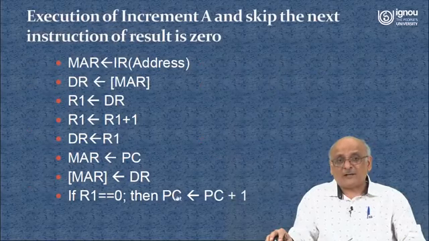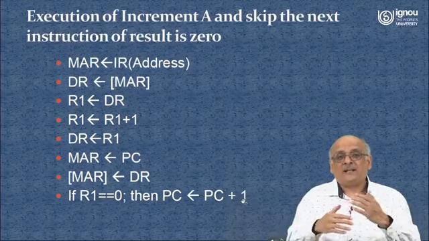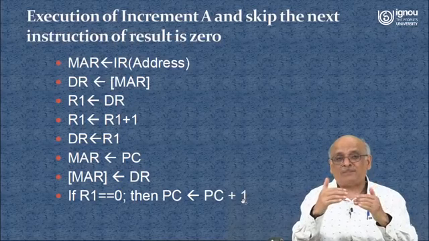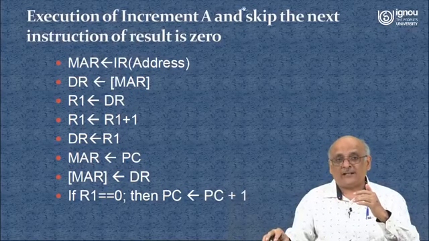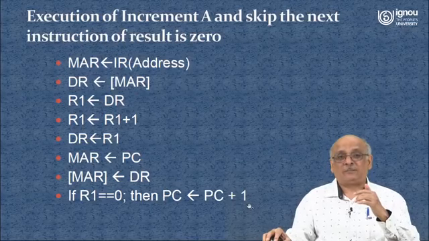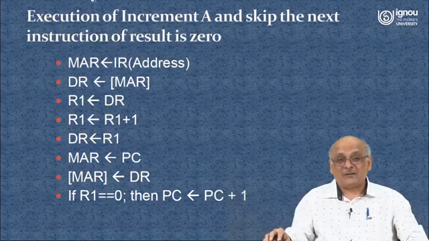PC was already pointing to the next instruction, so if R1 contains 0, then PC should be incremented by 1 more, so that the instruction which was in PC right now, the next instruction after increment A, will be skipped. That is how the whole execution is performed.